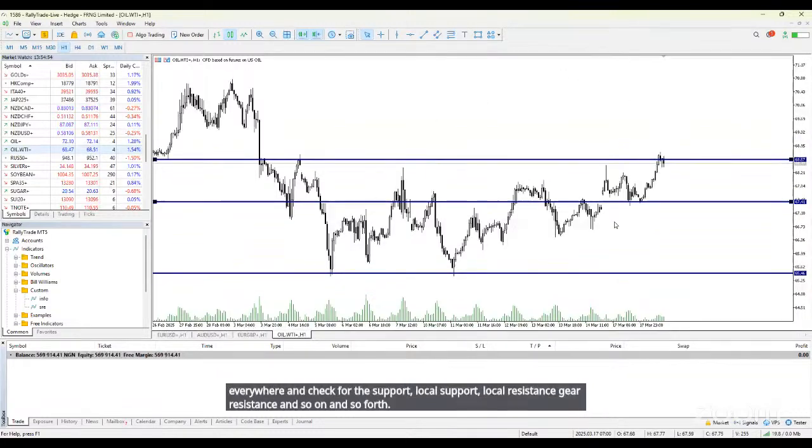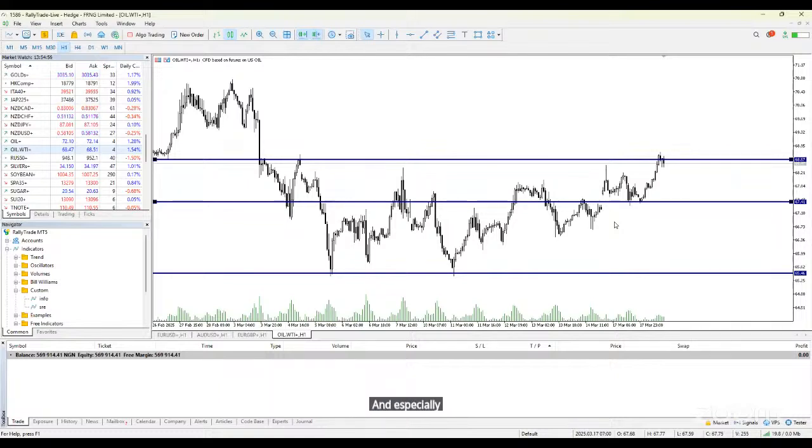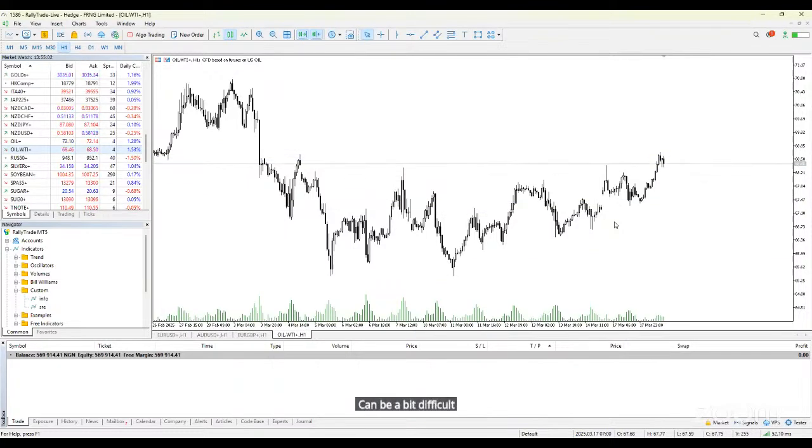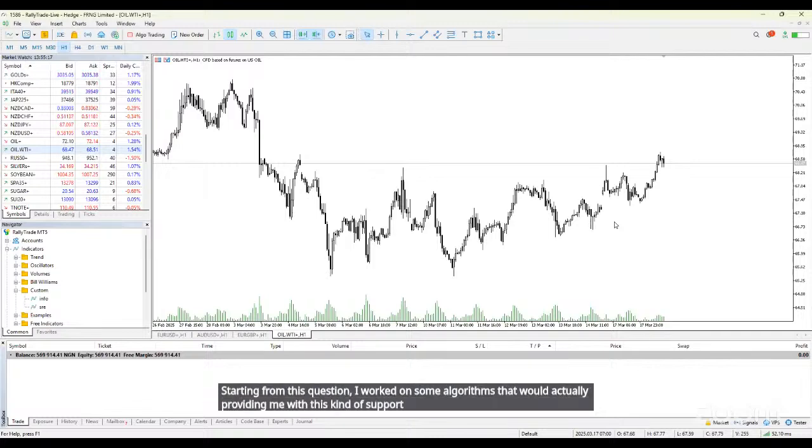And especially for newcomers or people with not so much experience in the market, it can be a bit difficult to understand right away and to apply it correctly. Starting from this question, I worked on some algorithms that would actually provide me with this kind of support and resistance.